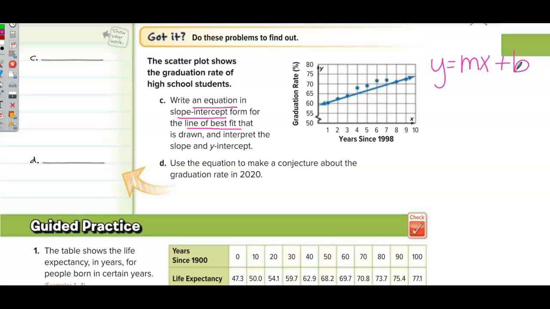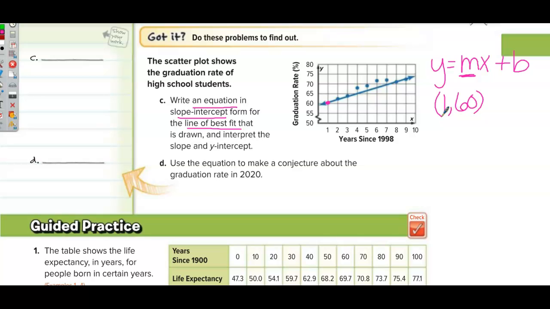When you are calculating your slope, or m, you're going to need to pick 2 points. And it has to be 2 points that are on the line. It does not have to be 2 actual data points. So I'm going to pick that one because it's easy to determine the x and the y. I know its x is exactly 1 and its y is exactly 60. I don't have to guess.